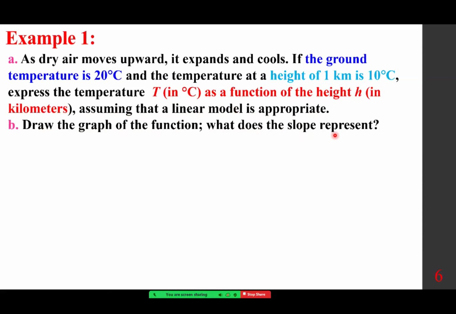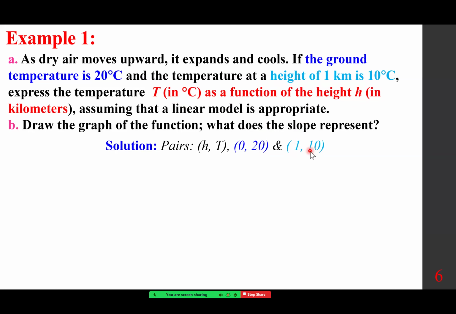What does the slope represent? So first and foremost, we are going to write h comma t. Remember, normally we have x comma y. At ground level, the height is 0 and the temperature is 20 degrees Celsius. When the height is 1 kilometer, the temperature is 10 degrees Celsius.